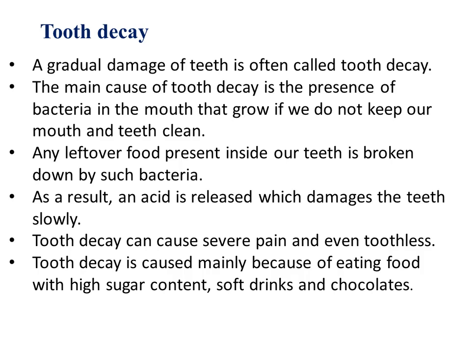As a result, an acid is released which damages the teeth slowly. Tooth decay can cause severe pain and even tooth loss. It is caused mainly by eating food with high sugar content, soft drinks and chocolates. So this is the major reason for tooth decay.